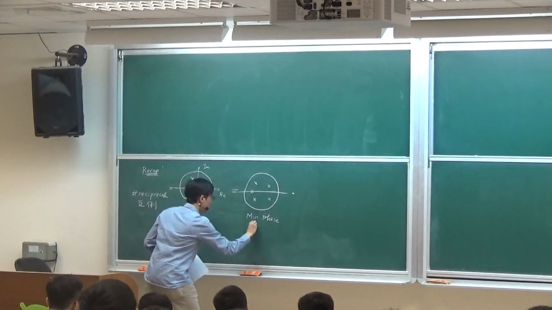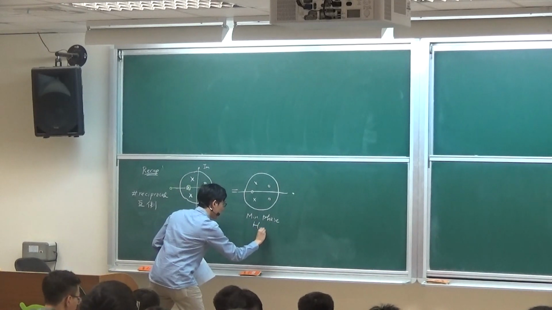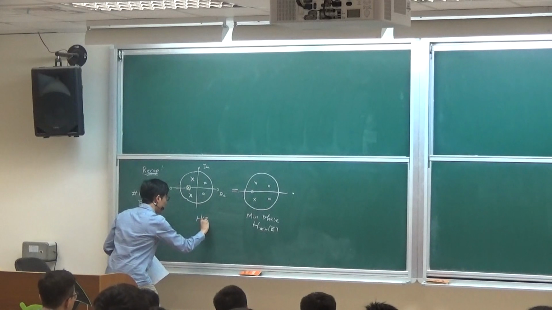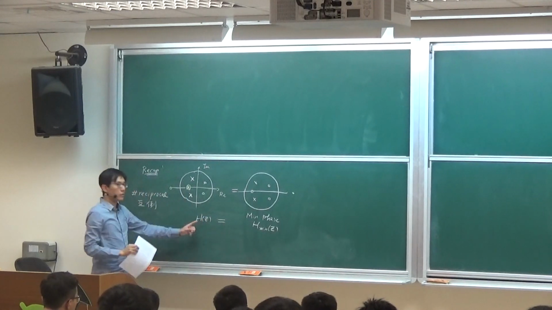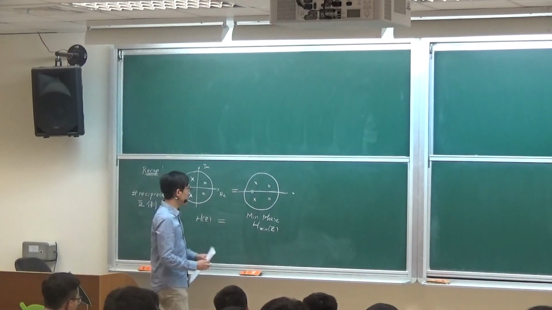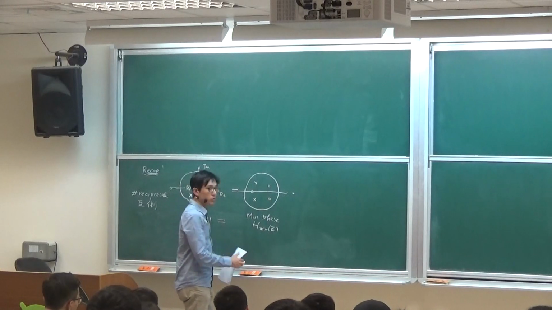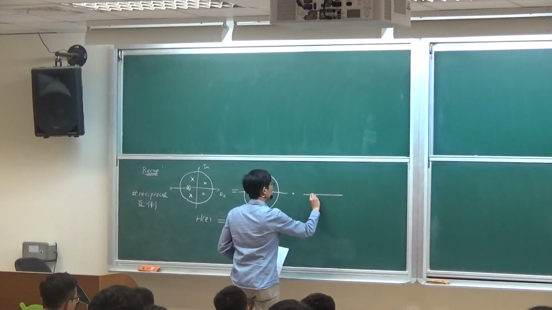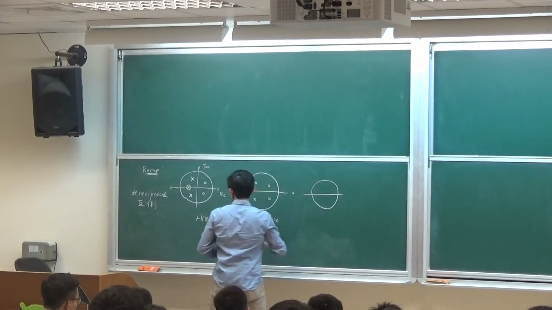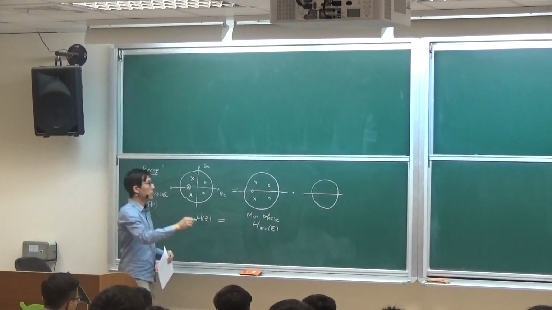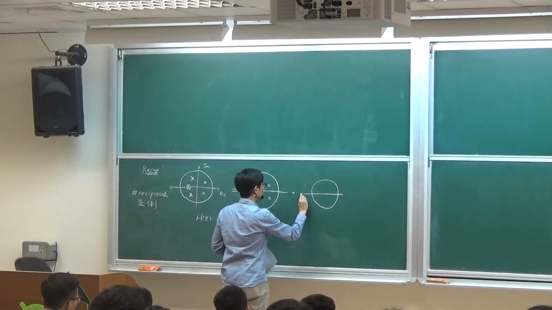Let's say this is H of D. Any arbitrary H of D that is stable can be written as the product of a minimum phase system times the all-pass system. And where does the all-pass system come from? The all-pass system is there because of this pair: the outside zero and the virtual pole at the reciprocal location.